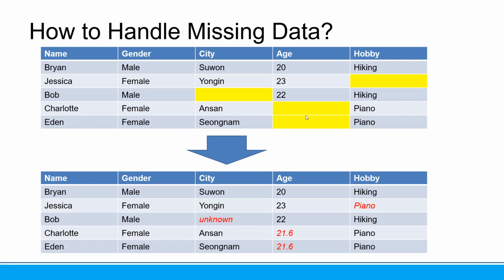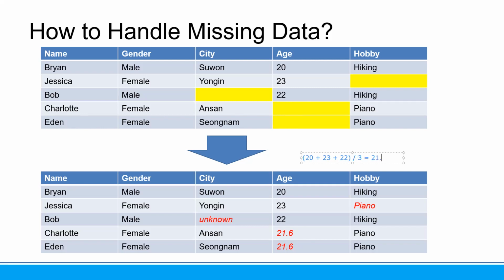What about the age of Charlotte and Eden? Missing here. Then I can calculate with a very simple mean. So 20 plus 23 plus 22. So we have these existing values. And then after that, I can just divide by 3.